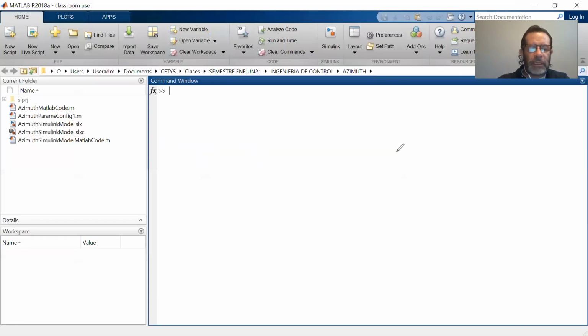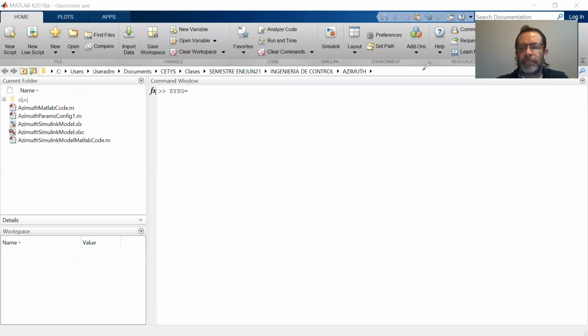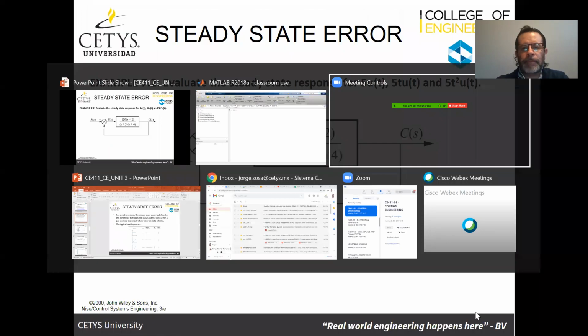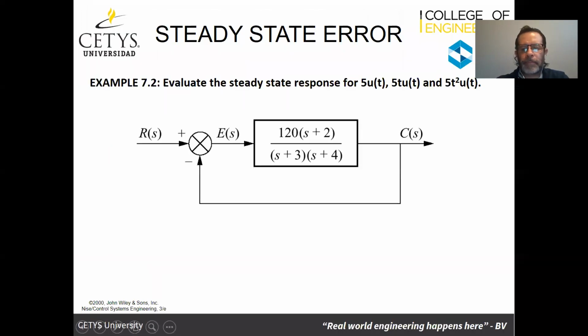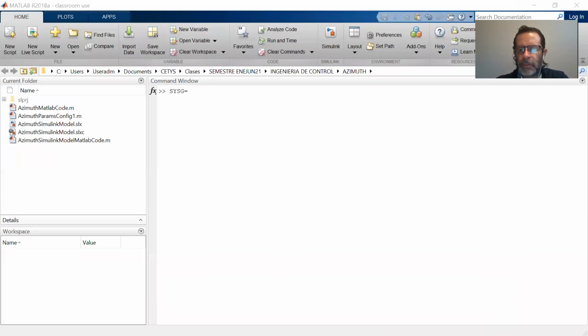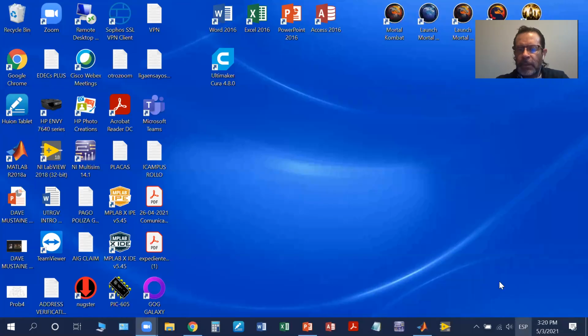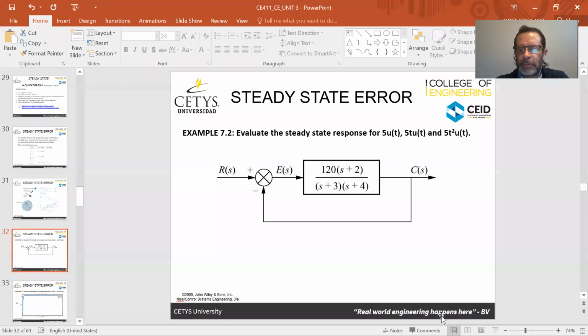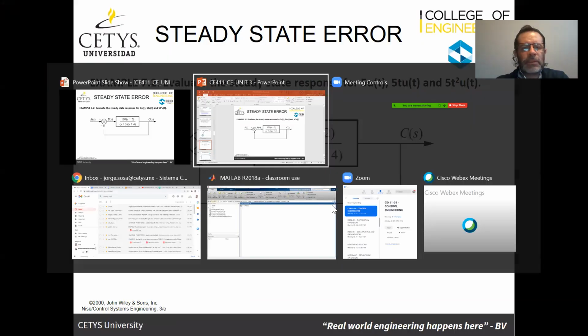So I'm going to call it sysG, and it is going to be the transfer function. I need to change the language here or else MATLAB doesn't cooperate.